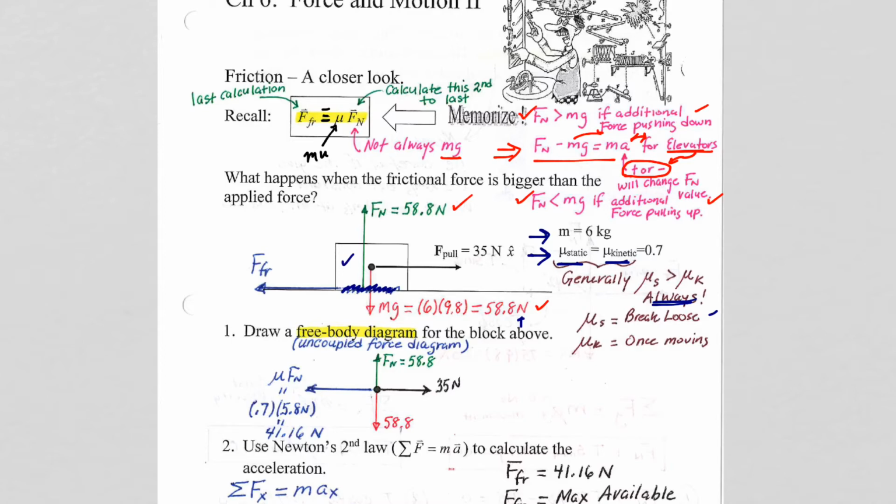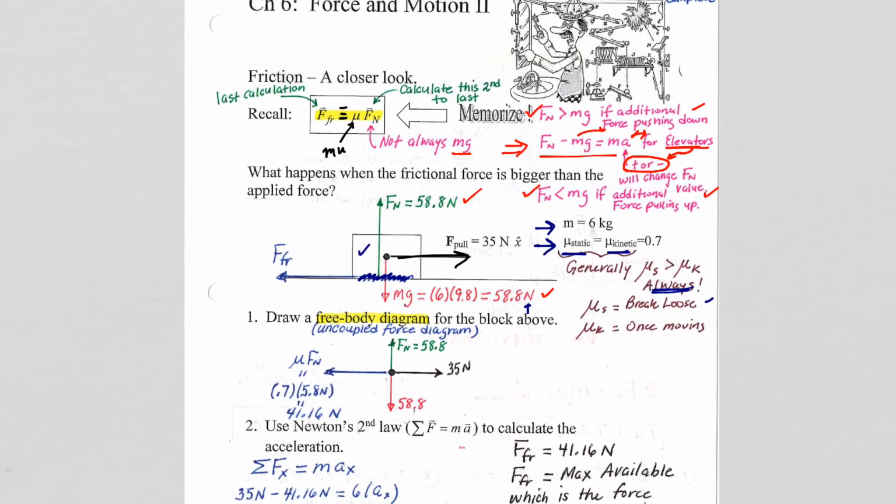If we need to push the box to break it loose from the surface, we're going to push or pull to the right. How much force do you need to break it loose? You need whatever amount of force is just above the frictional force, which is mu static times the force normal.